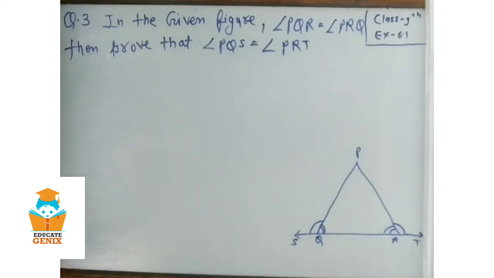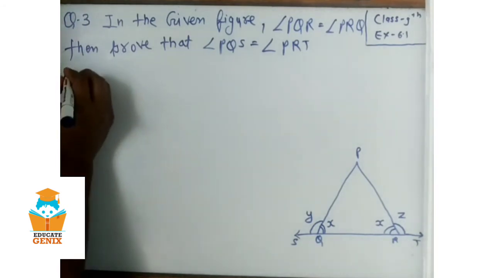So we are going to mark both angles as X. What we have to prove is that angle PQS, which is this, we mark as angle Y, and angle PRT, which is this, we mark as Z. So we have to prove that angle Y equals angle Z.